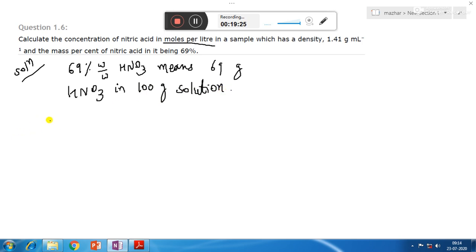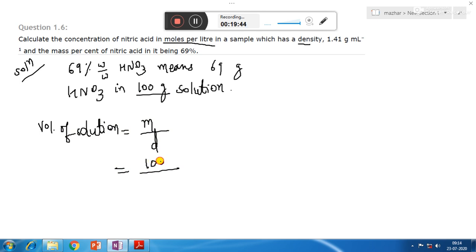Now density of solution is given. From density we have to find out volume of solution. So volume of solution is equal to mass of solution upon density of solution. Now mass of solution is 100 gram upon density of solution is 1.41. So when you divide 100 by 1.41, that is equal to 70.92 ml.